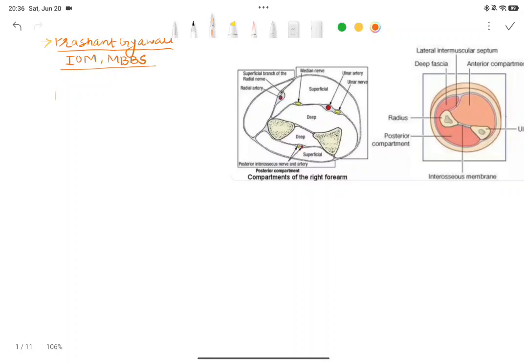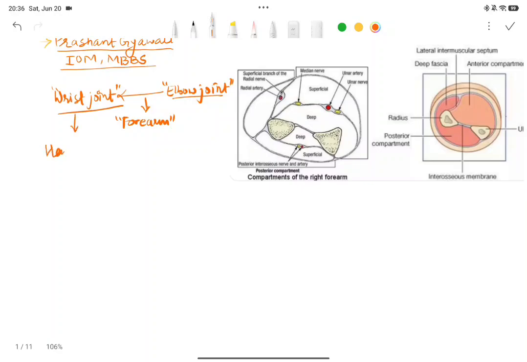Forearm is the part of the body from the elbow joint to the wrist joint. So the forearm is between the elbow joint and the wrist joint, and the hand is distal to the wrist joint.